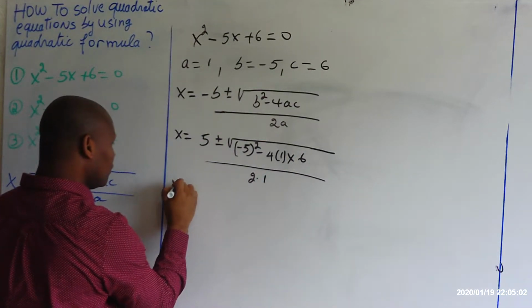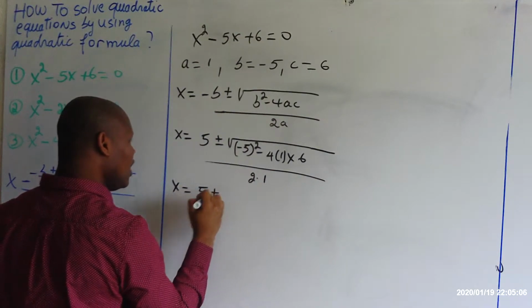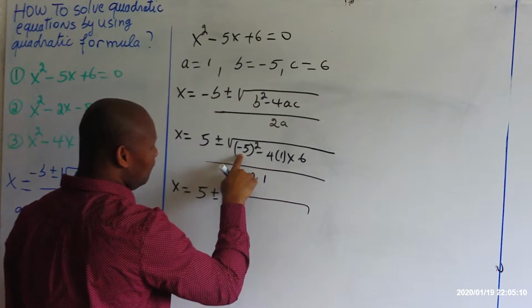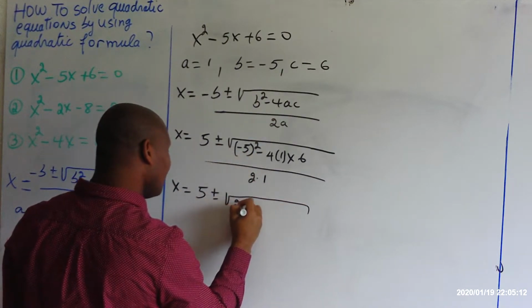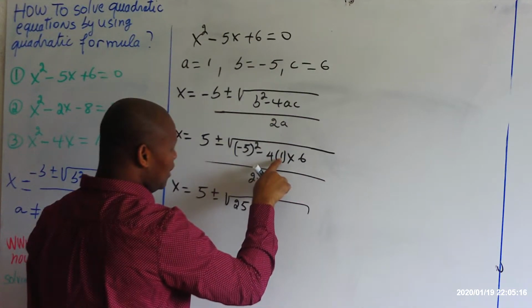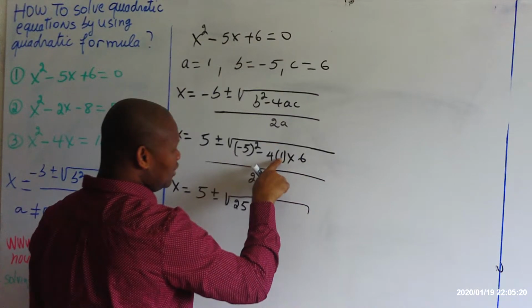So, you have 5 plus or minus. Negative 5 to the power 2, that's 25. Negative 4 times 1 is negative 4.